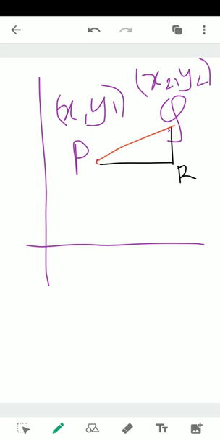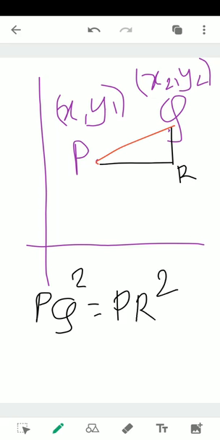As you know, in Pythagoras theorem, PQ square will be equal to PR square plus QR square. Our agenda is to find PQ, so using this formula, we can easily calculate the value of PQ.